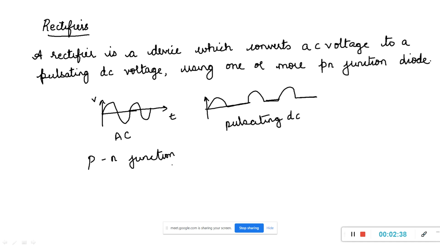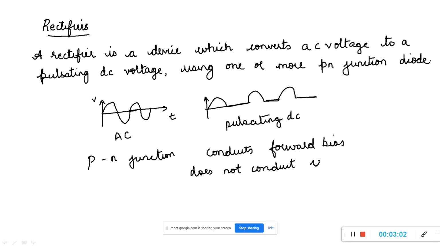So PN junction conducts only during the positive half cycle, and it does not conduct during the negative half cycle. That is, PN junction conducts during forward bias and does not conduct during reverse bias.